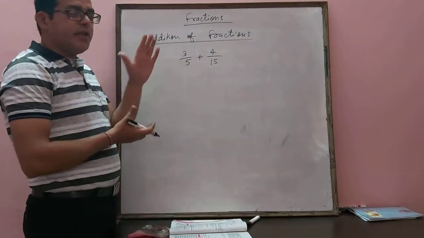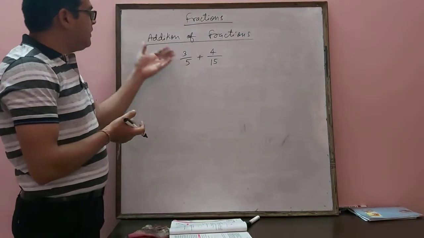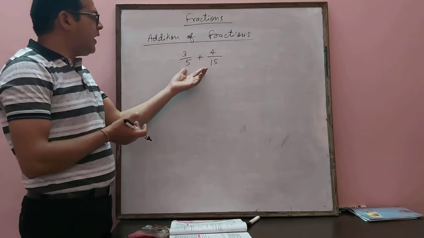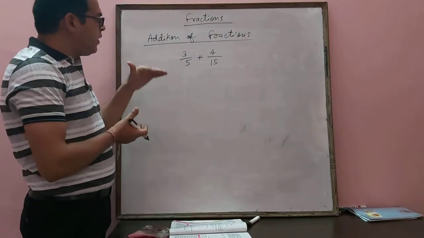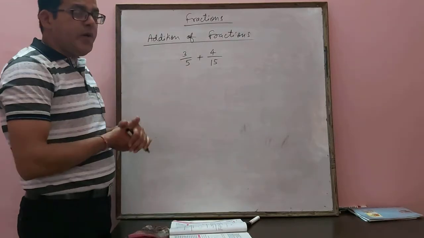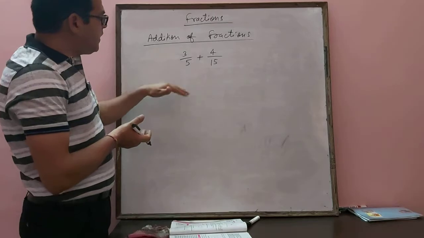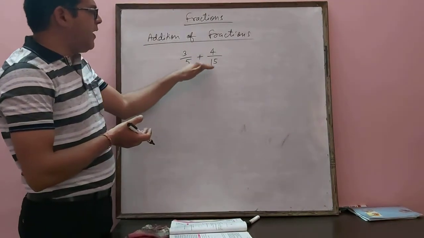Their denominators are different. So what to do now? We have to convert these unlike fractions to like fractions, and we have to make their denominators the same. How can we make their denominators the same? To do this, we need to take the LCM of 5 and 15.